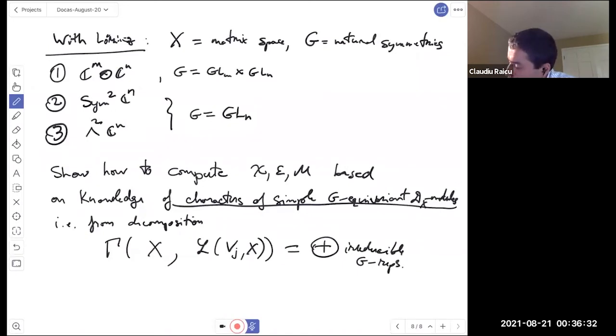So I computed this decomposition a few years ago for different reasons.